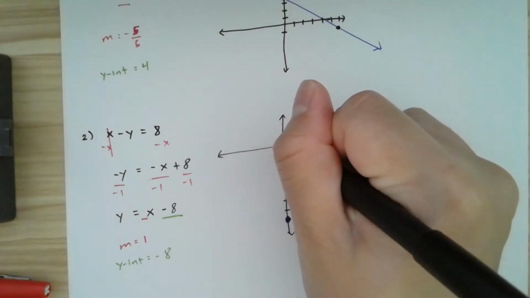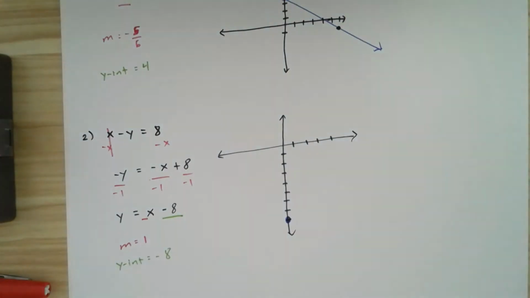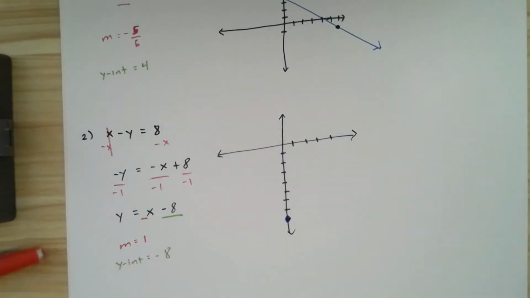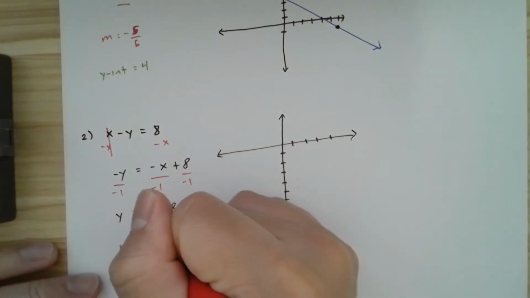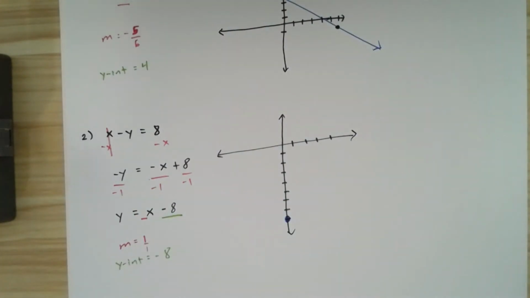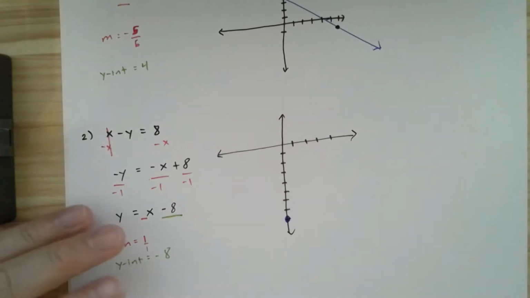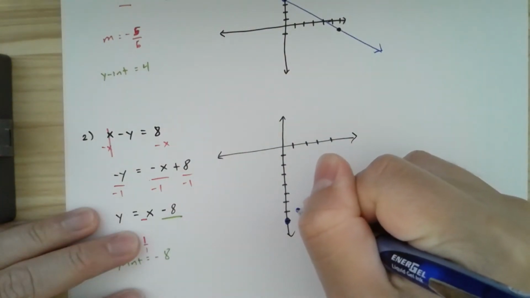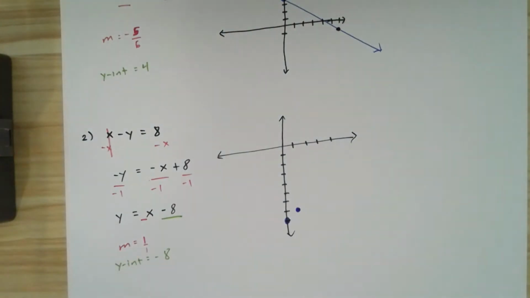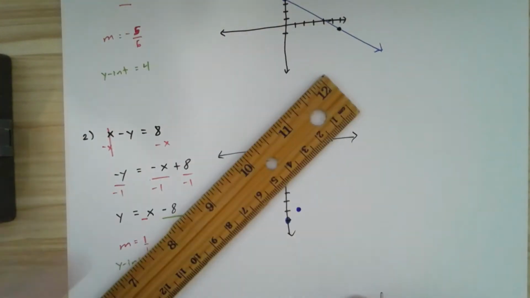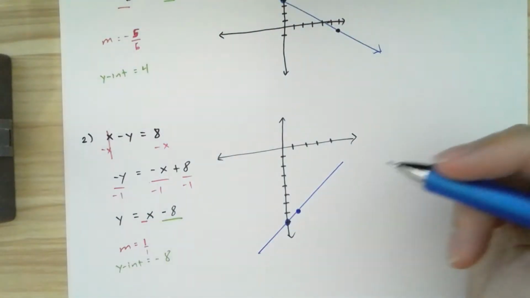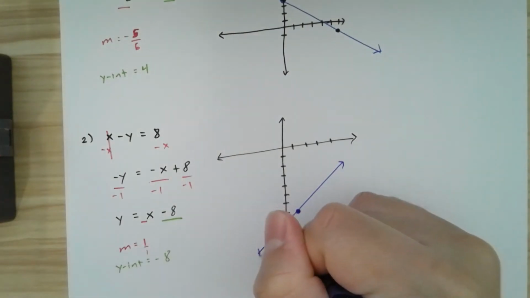When your slope is 1, that's like having 1/1, right? Rise over run. So go up 1, to the right 1. Up 1, to the right 1. There. Okay, grab your ruler or straight edge. There's your line.